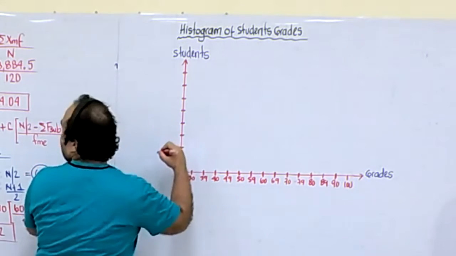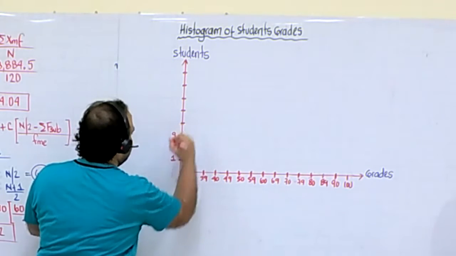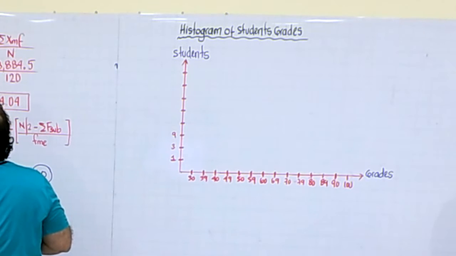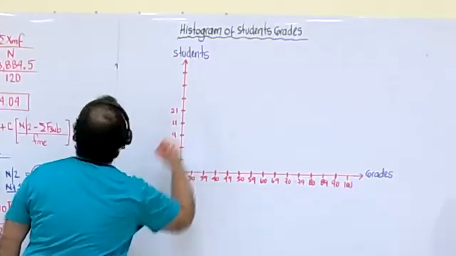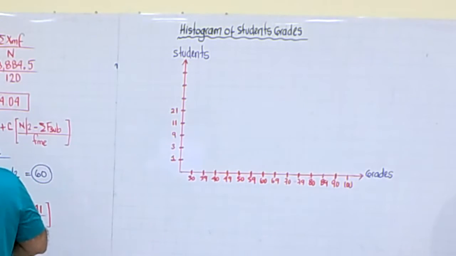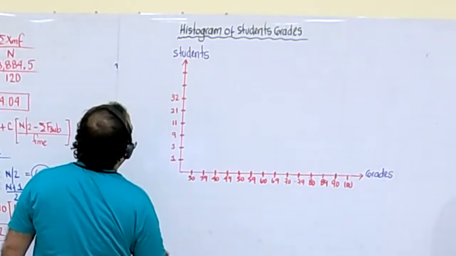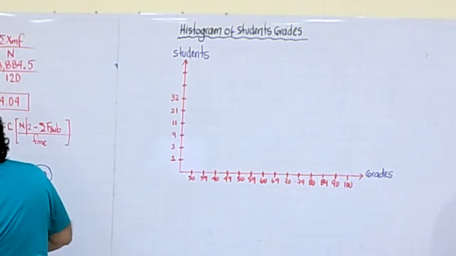This is going to be number 1, then 3, 9, 11, 21, 32, and the last one will be 43.